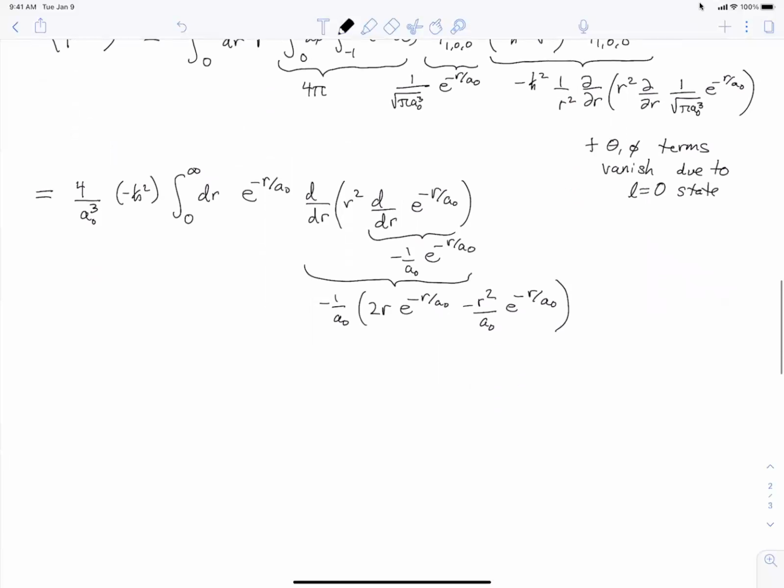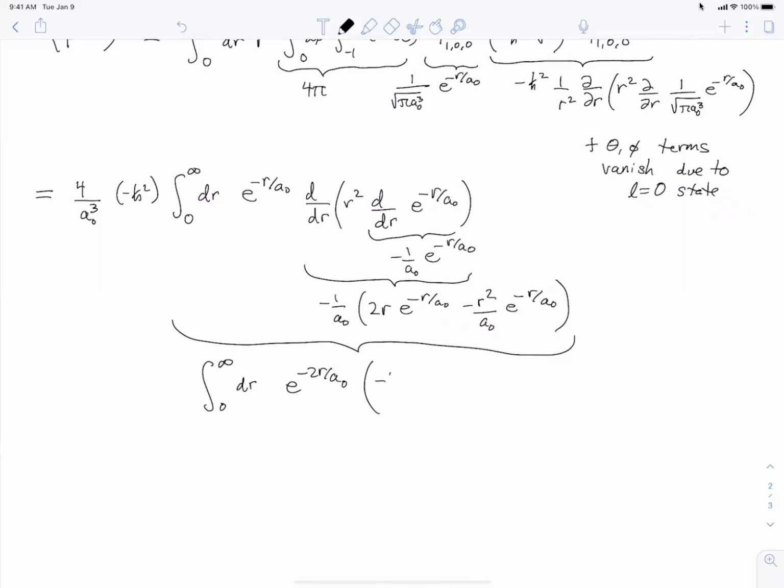Okay, and then when we do the integral, we have to multiply by the other factor here of e to the minus r over a0. So the whole thing looks like this. Integral 0 to infinity dr. Now there are two factors of the exponential. And then there's minus 2r over a0 plus r squared over a0 squared.